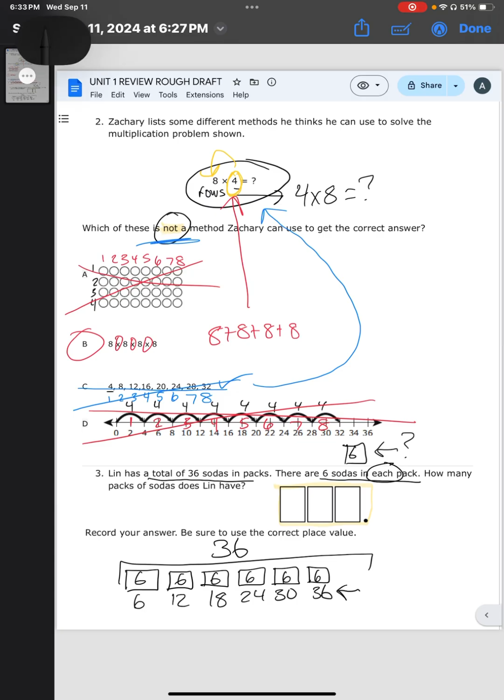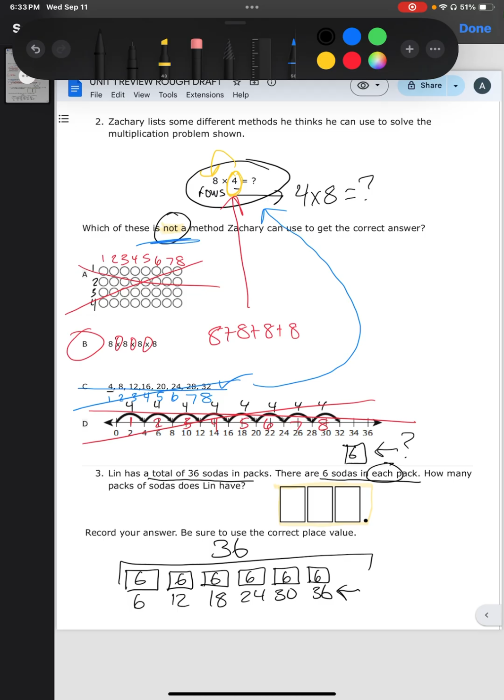Now, how many packs did it take us to get to 36 total sodas? I see 1, 2, 3, 4, 5, 6 packs.